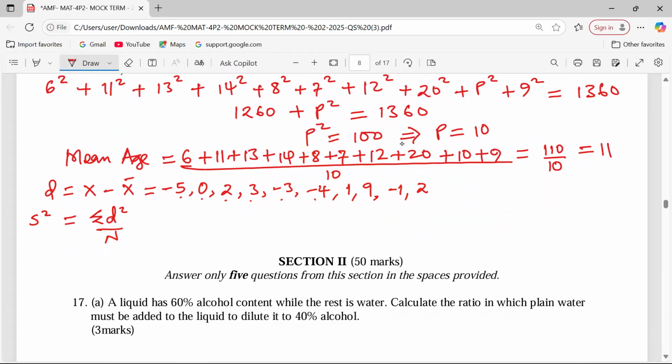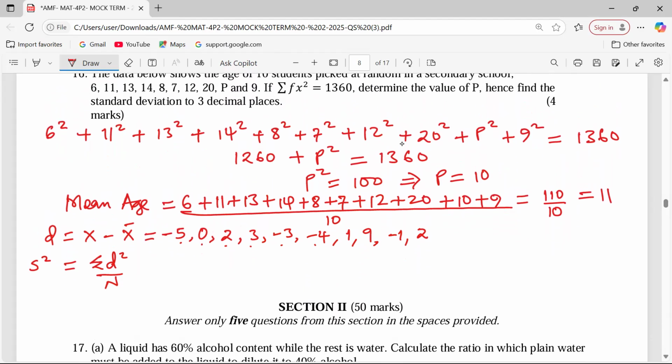This is out of the total population, the total number of figures that we're working with. We're working with 10. So I'm supposed now to take all the deviations squared. 5 squared, which is 25, all of them. 25 plus 0 plus 4 plus 9 plus 9 once again, plus 16 plus 1 after squaring 1, plus 81 after squaring 9, plus 1 after squaring -1, then plus 4 after squaring 2.